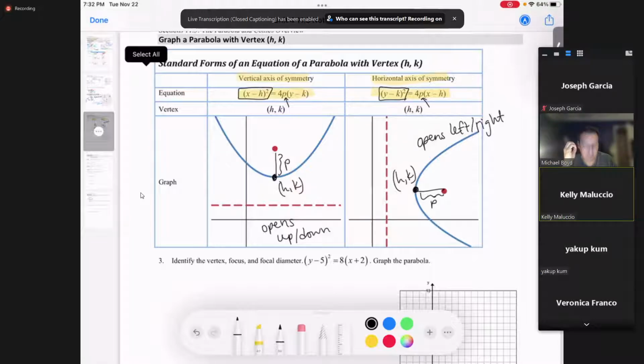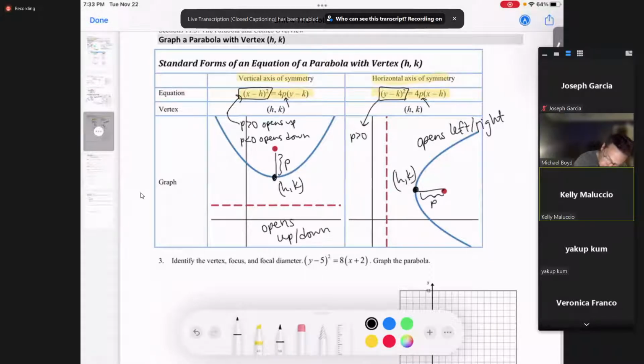But that's only giving you this case. So for this case, p greater than 0 opens up, and p less than 0 opens down. But then we have this other case, right? And maybe I'll write it out.